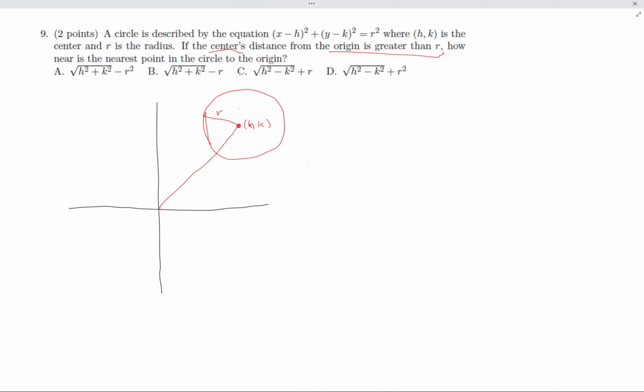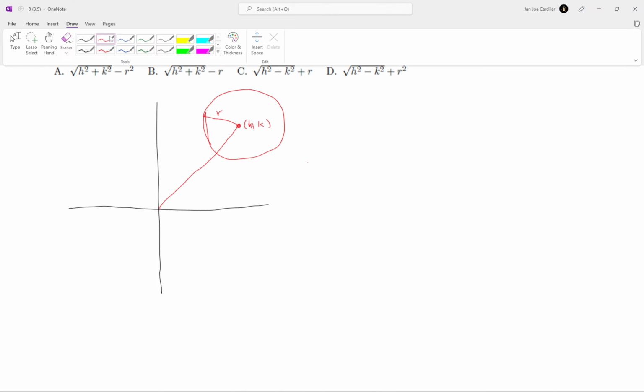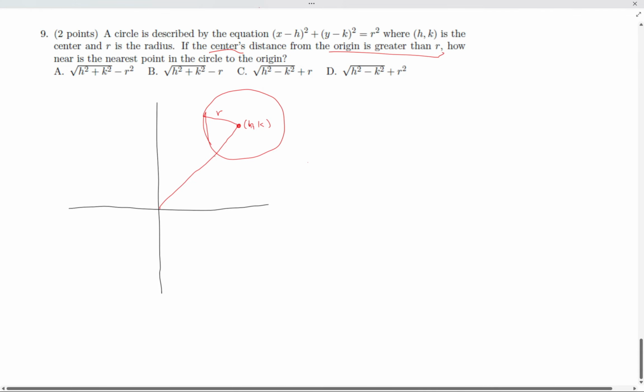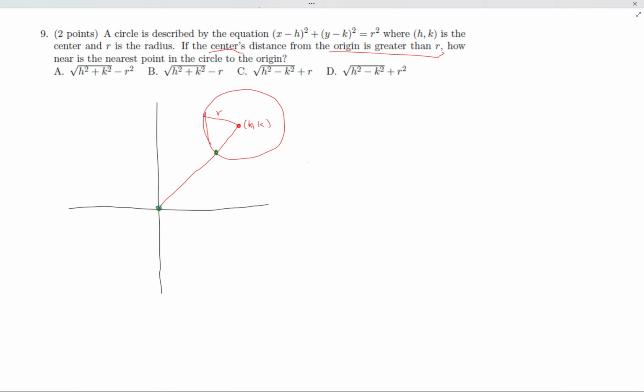Now, it says here, how near is the nearest point in the circle to the origin? When we talk about the nearest point, it should be this point right here. It's asking how near that point is from the origin. What is the distance from this point down to this point right here? We just need to measure the distance of the center from the origin.